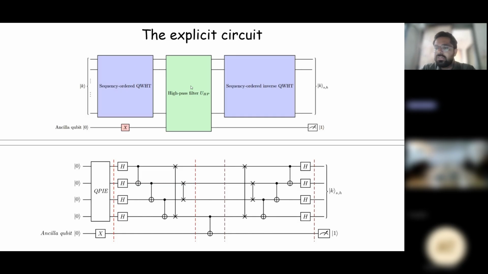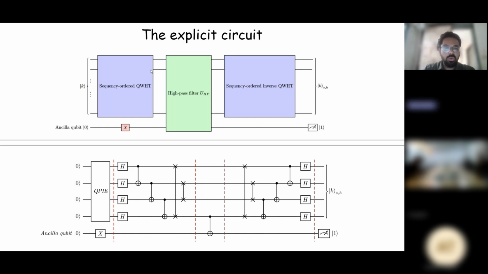The second one is just one particular C naught gate, so it's not really any complexity, but again it's just order n. If I want to perform this high pass filter in general, it will have a multi-control C naught gate to obtain this filtering. Then I have the sequency ordered inverse quantum Walsh-Hadamard transform, which is again order n.